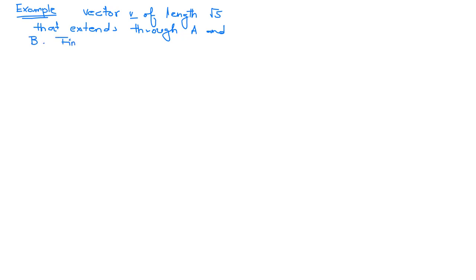See the example. You have a vector v of length square root of 5 that extends through A and B, and we have to find the components of vector v.